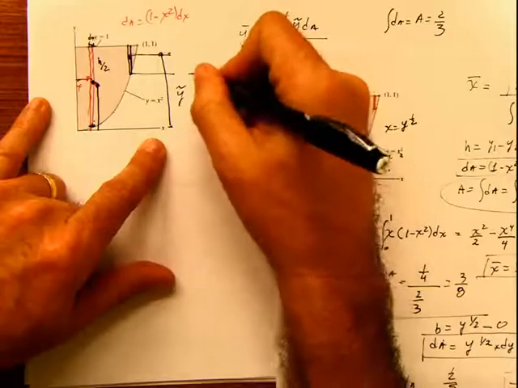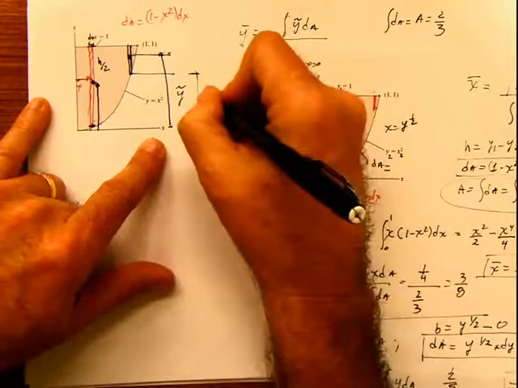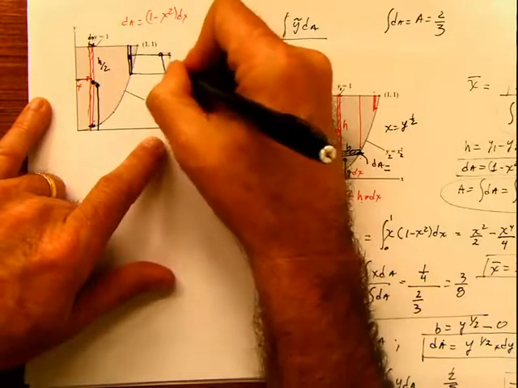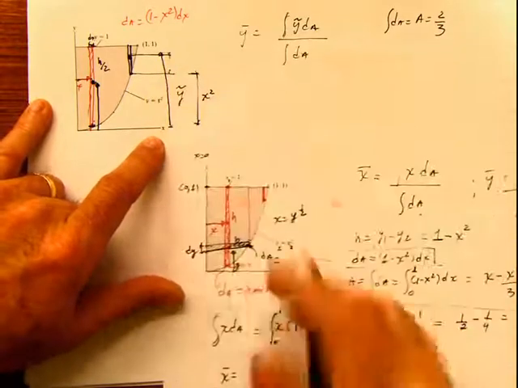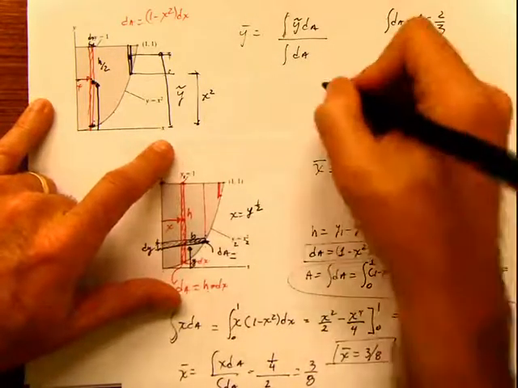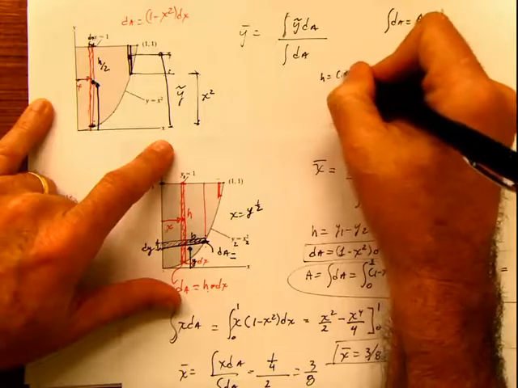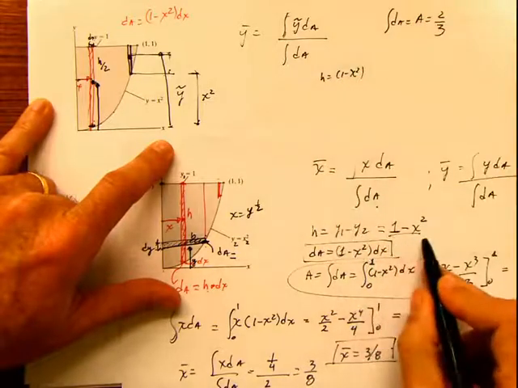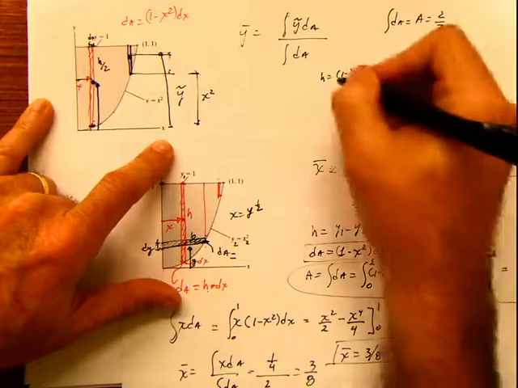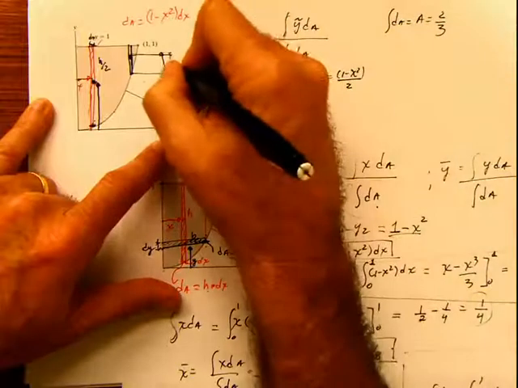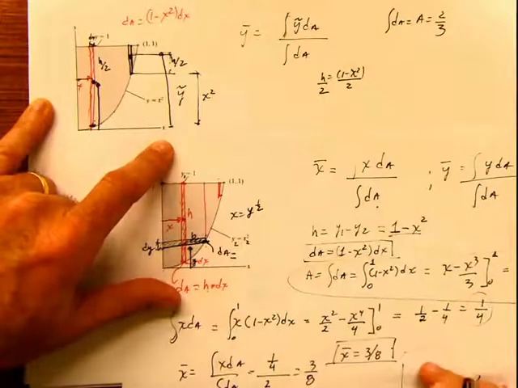The first part here, which is x squared, and the second part, which is basically that h, and the h that we calculated before was 1 minus x squared. We calculated that for calculating the dA. That h divided by 2 is going to be this part. You see that?